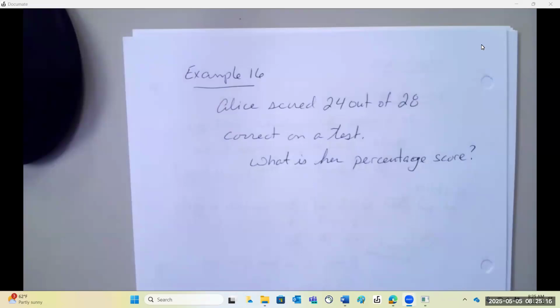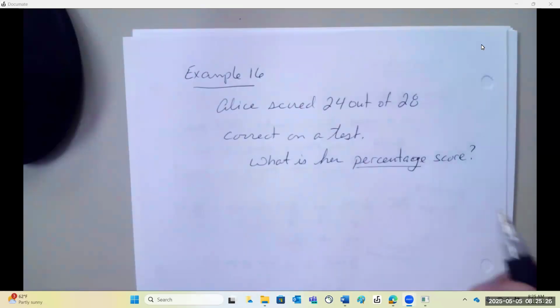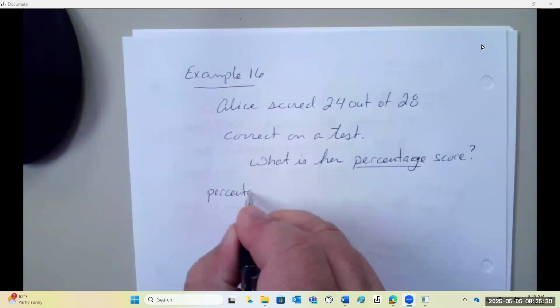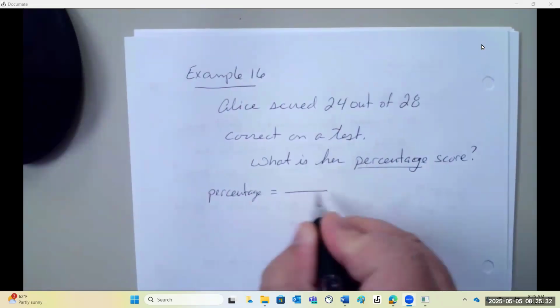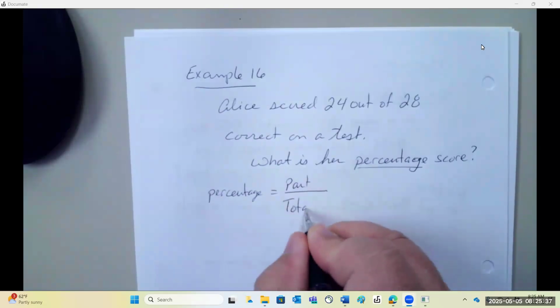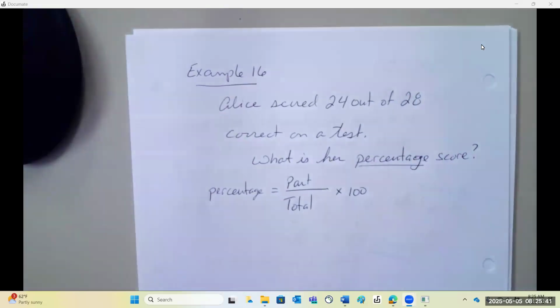So how do we set this up? Because we're looking for percentage, what's the formula for percentage? It's part over total times 100. That's the formula for percentage.